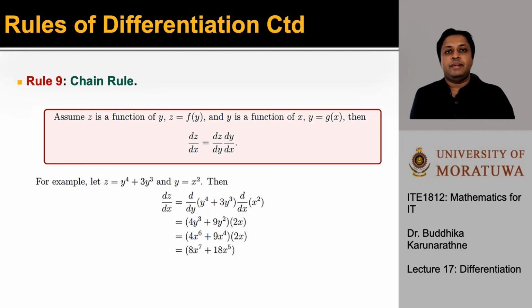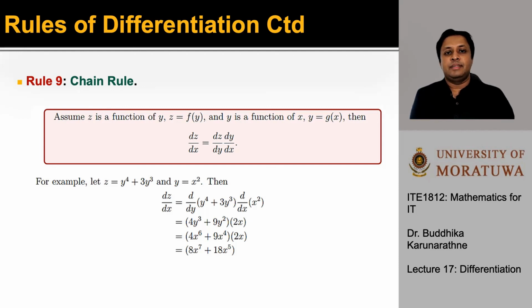If we want to get dz over dx, we have to get dz over dy and dy over dx separately and multiply them. So here that's what we do. We first get dz over dy, which is d over dy of y to the power 4 plus 3 times y to the power 3, times dy over dx, which is d over dx of x squared.